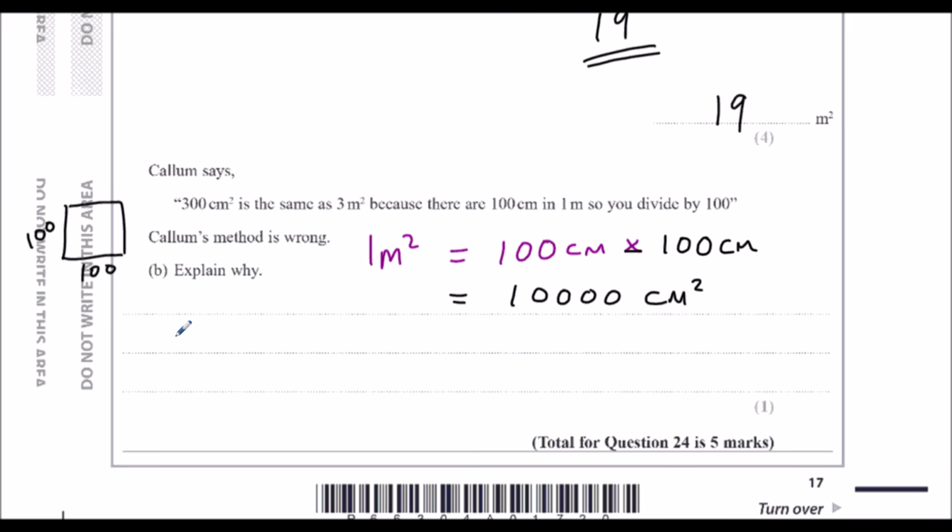So we could say he should divide by 10,000, or we could say that 3 meters squared is 30,000 centimeters squared, not 300 centimeters squared. Either one of those. So I'm just going to write he should divide by 10,000.